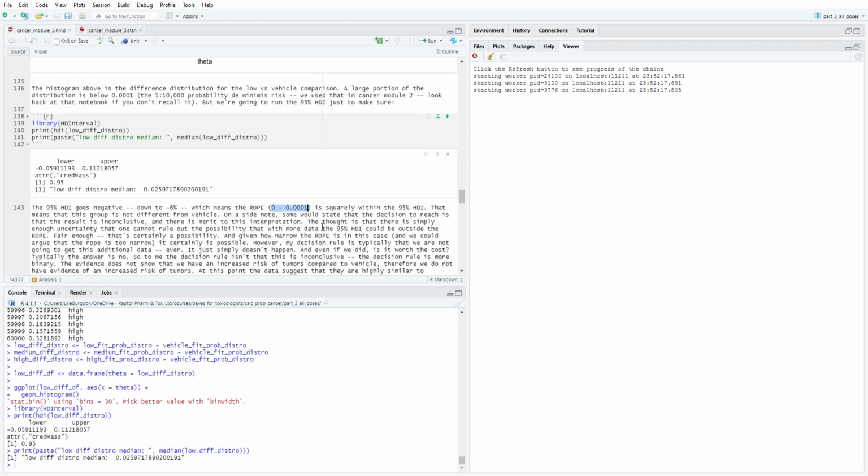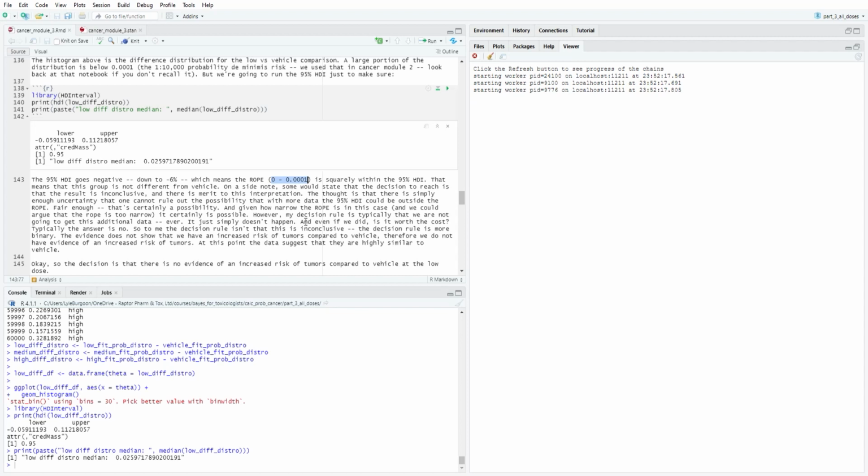I don't buy into the idea that it's necessarily always inconclusive. I think in this particular case, with the low dose diff distro median being at around 3% or so, I don't really buy that that's going to be really inconclusive. To me, it's pretty conclusive that this is highly similar to vehicle.